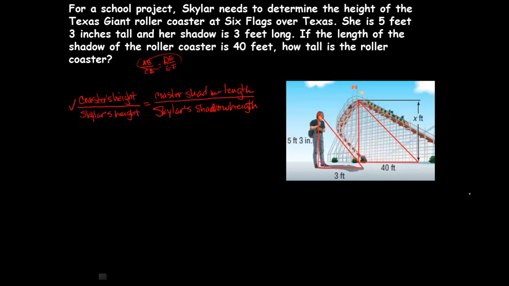It just keeps you from making substitution mistakes. Y'all have seen me make substitution mistakes, but writing out how I was going to set it up is how I usually caught my mistakes. So the coaster's height, if you look in the picture, is what we don't know, and whenever we don't know something, we replace it with an X.